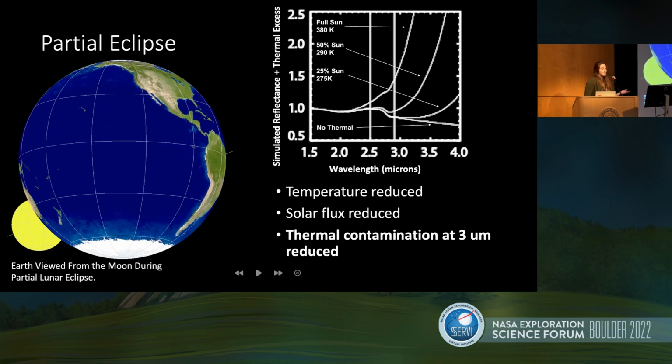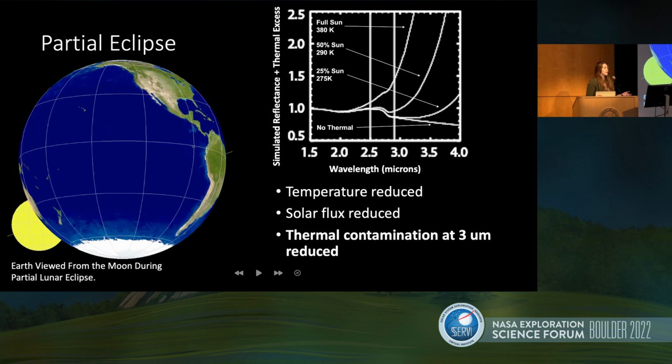And then if you go as low as 25% at 3 microns, you almost don't even need a correction. So we still had to perform a thermal correction, but our results for lower illumination conditions were much less dependent on that thermal correction.